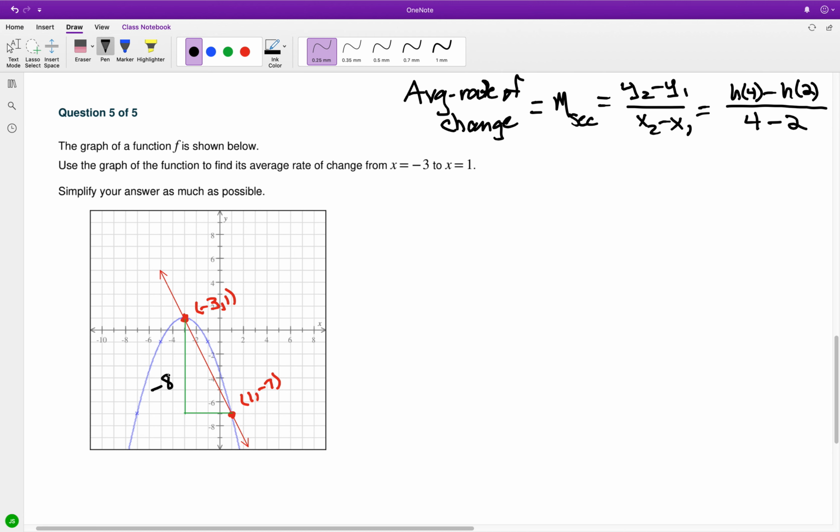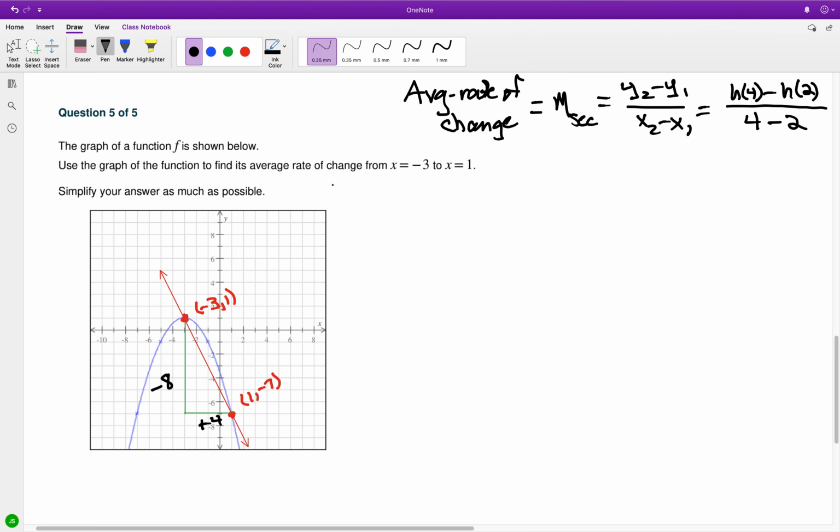So I have a drop of 8 units. And for the shift, I have 1, 2, 3, 4 units. And if you notice, negative 7 minus 1 is negative 8. That's the change in y. For the change in x, I have 1 minus negative 3, so I have a positive 4 change.